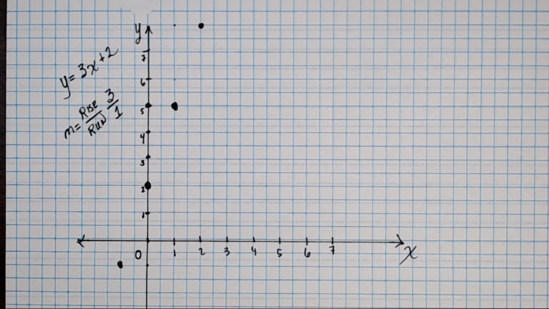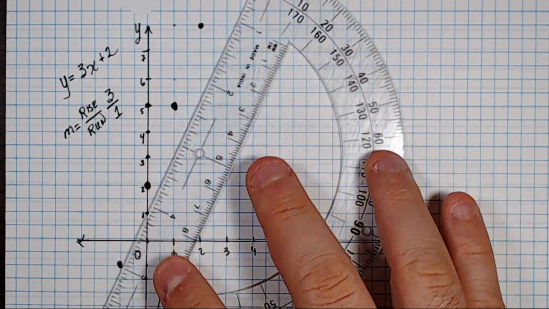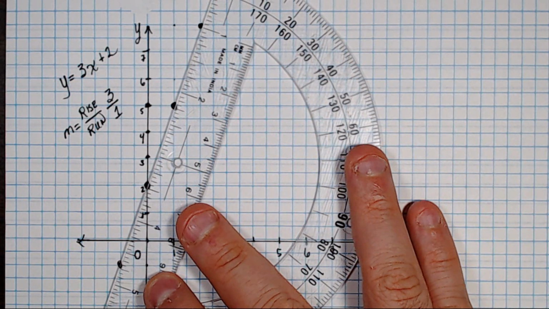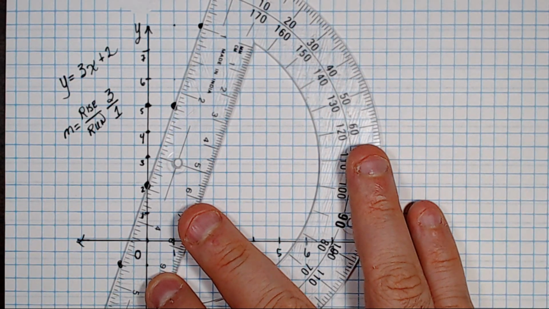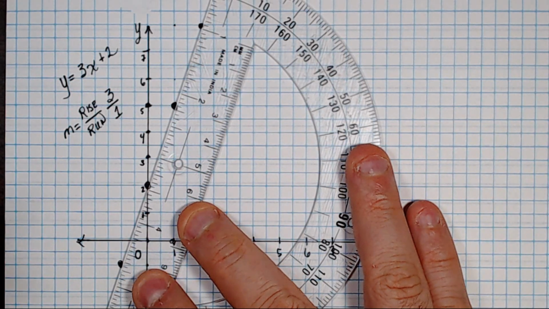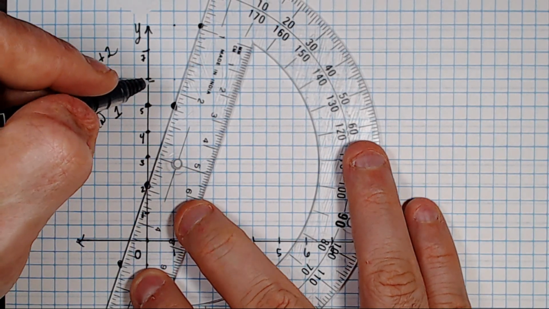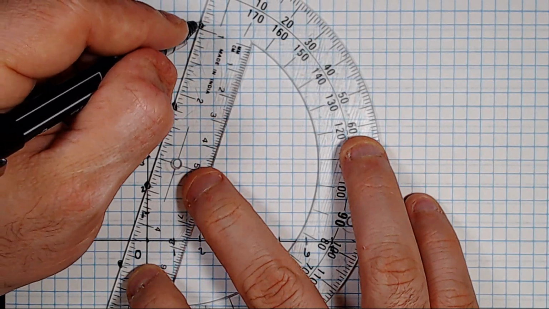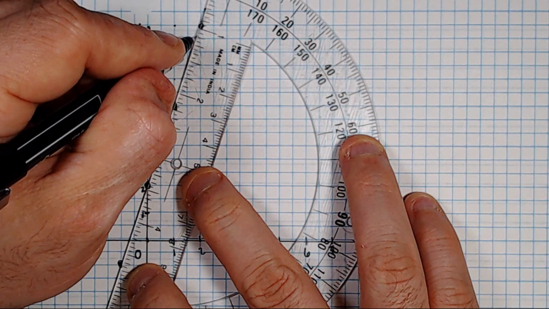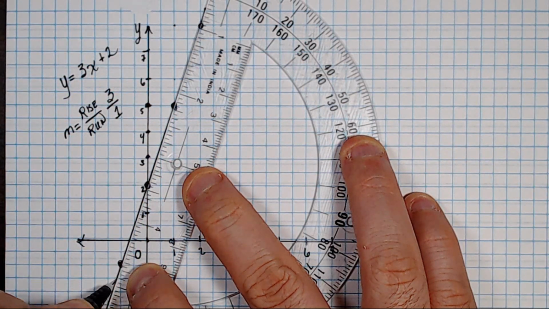Take a straight edge, and you should be able to line up all of your dots along the edge of that straight edge. If you did it right with the graph paper, they should all be there. So be very careful. Make sure that you're going to draw your line passing right through these grid marks and draw in your line.